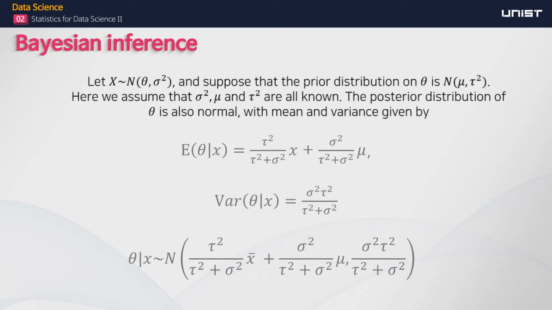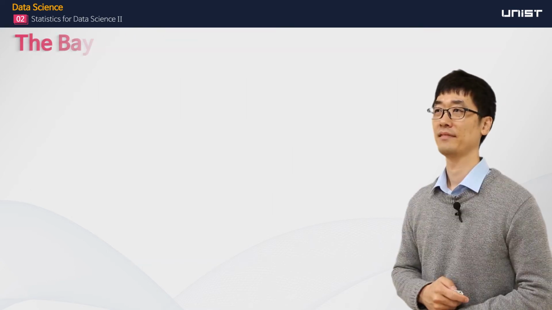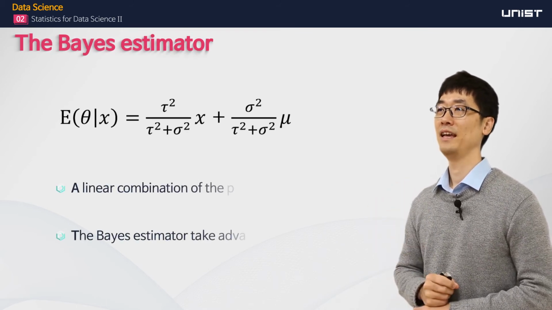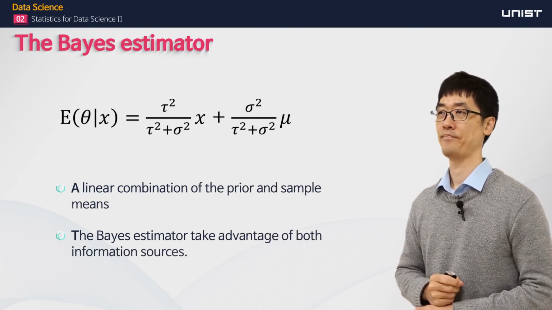For example, let X be from normal distribution theta and sigma square, and suppose that the prior distribution of theta is normal distribution mu and tau square. Here we assume that sigma square, mu, and tau square are all known. The posterior distribution of theta can be computed easily. We skip its derivation here. The mean of posterior distribution, the posterior mean, is a point estimator of theta.